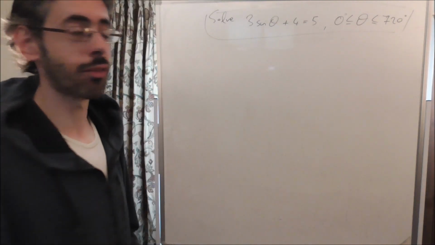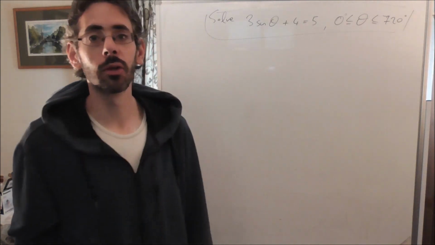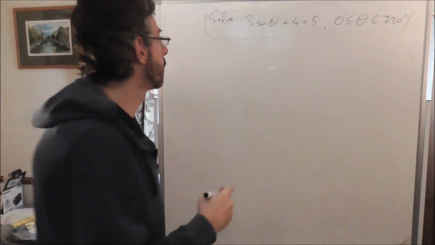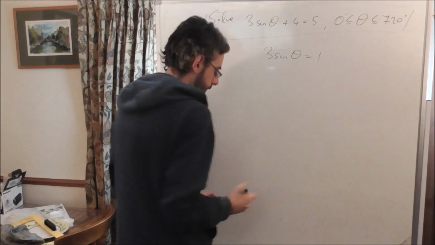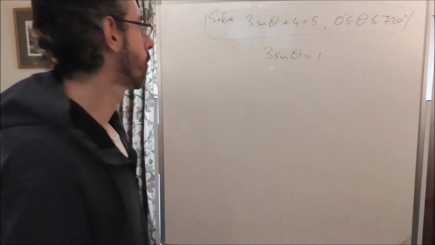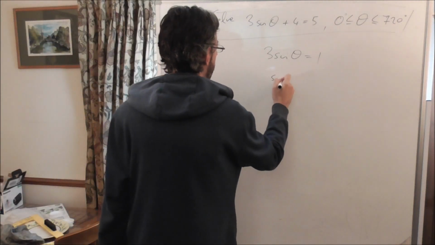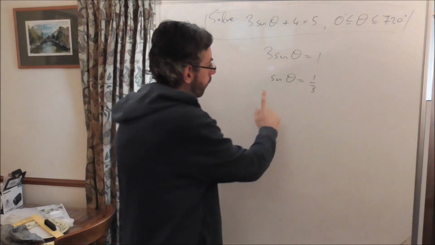So let's try and get sine theta on its own. So we could start by getting rid of the plus 4 by taking away 4 from both sides. So you get 3 sine theta equals 1. And then you could just divide both sides by 3, and that will get sine theta on its own. So you'll get sine theta equals 1/3. So as you can see, it's just like all the other equations we've done today.